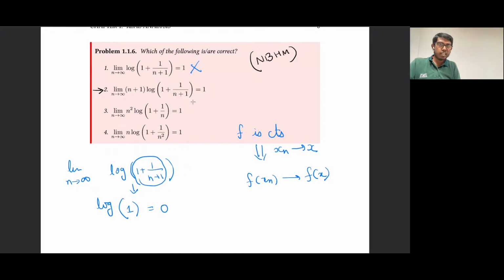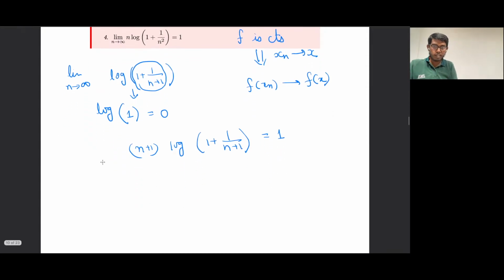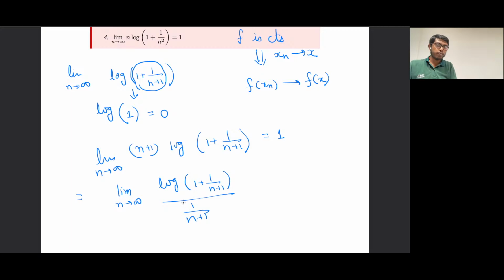The next is n plus 1 times log of 1 plus 1 by n plus 1, and this is equal to 1. And this is also very easy. So limit n tends to infinity of log of 1 plus 1 by n plus 1, divided by 1 by n plus 1.